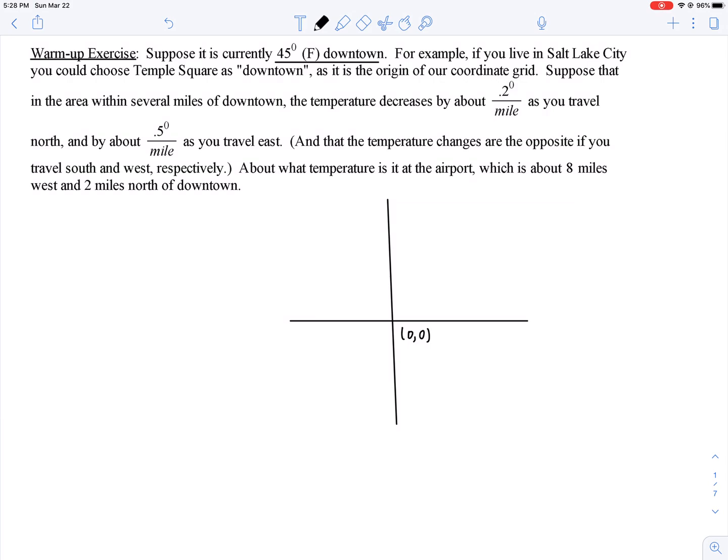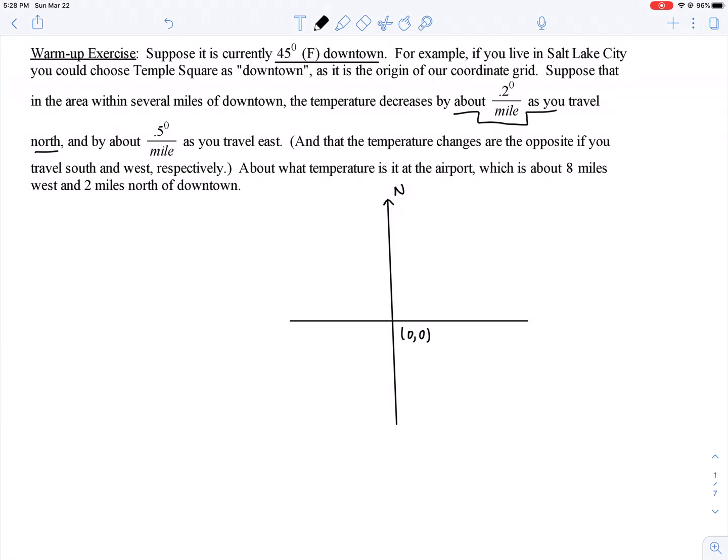Okay, and suppose that within several miles of downtown, if you go north, the temperature decreases by about 0.2 degrees per mile.